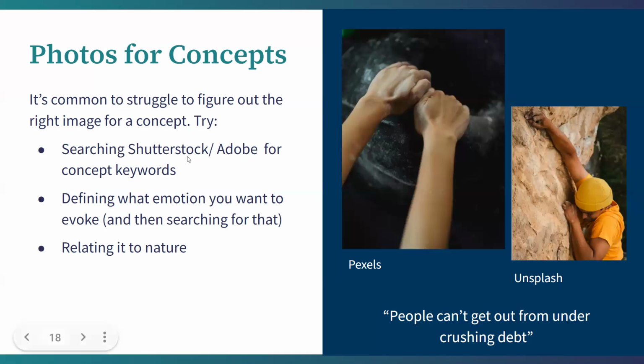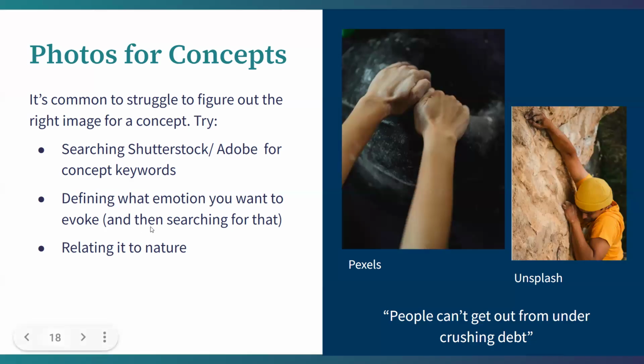I searched Shutterstock and Adobe, so the paid sites have much better keywording. If I search for something like crushing debt, it will help me out by showing me potentially some images that might not be so terrible.